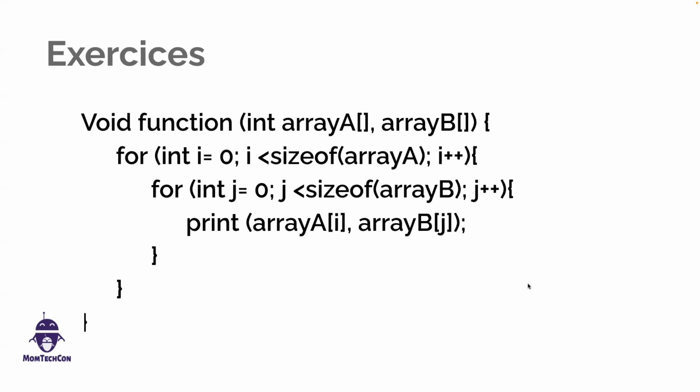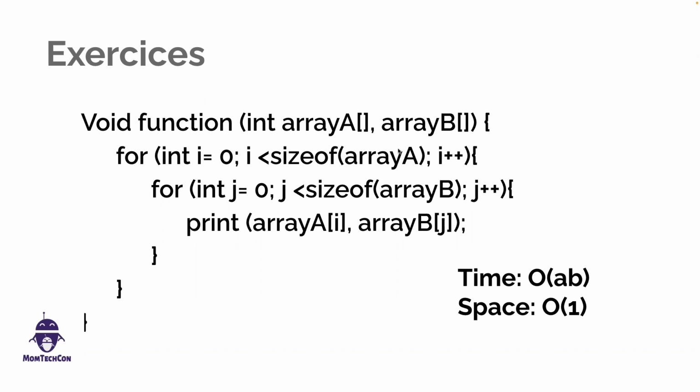So let's take some examples. What do you think this is? Well, the time complexity will be A times B. The reason is that we have 2 different arrays here. We have array A and array B, and we don't know their sizes.